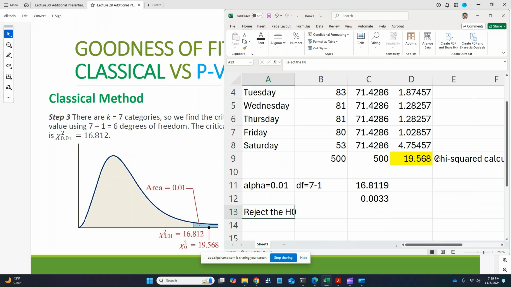Because first, the calculated chi-square is bigger than the critical chi-square. So that's the classical method. And second, the p-value beyond the calculated chi-square is smaller than the required level of significance. 0.0033 is smaller than 0.01. So we reject the null.